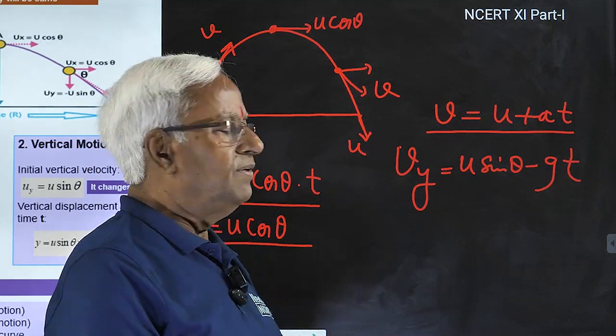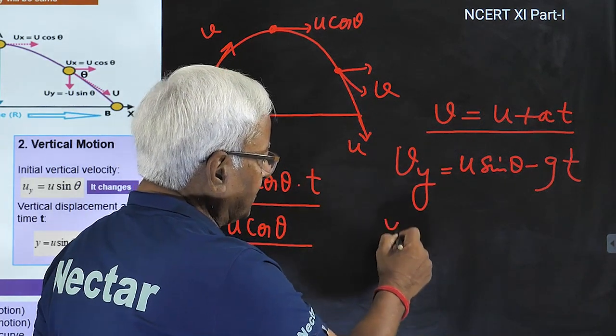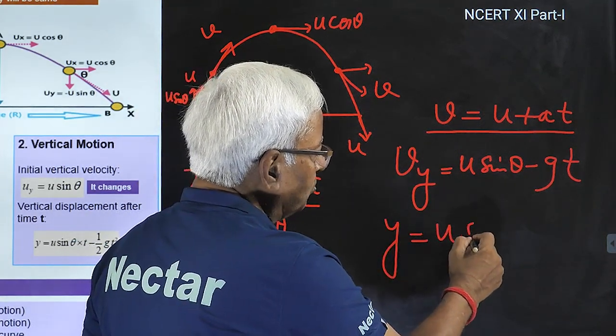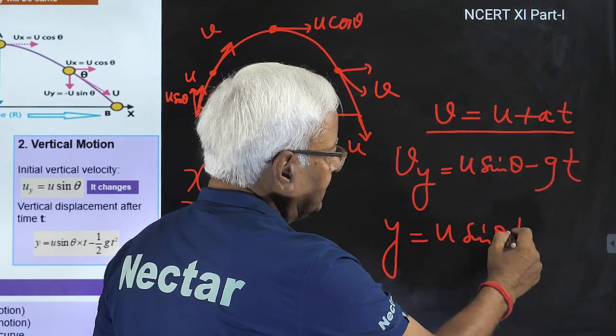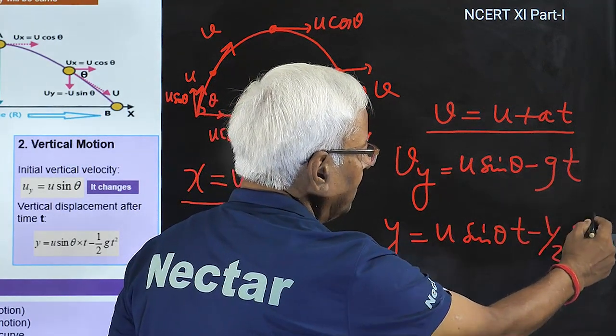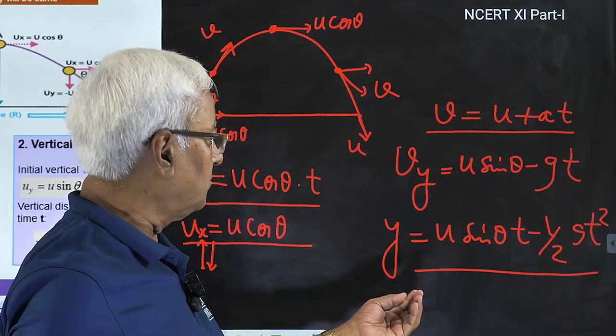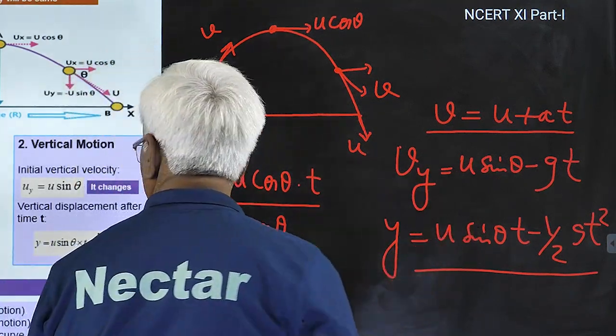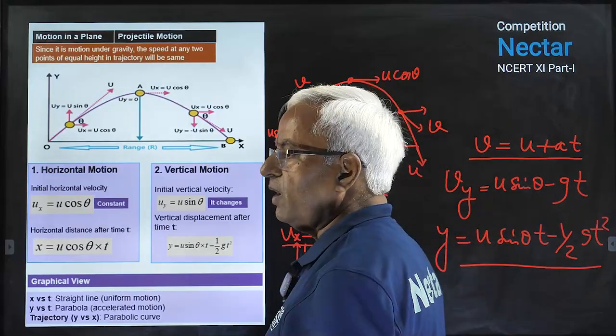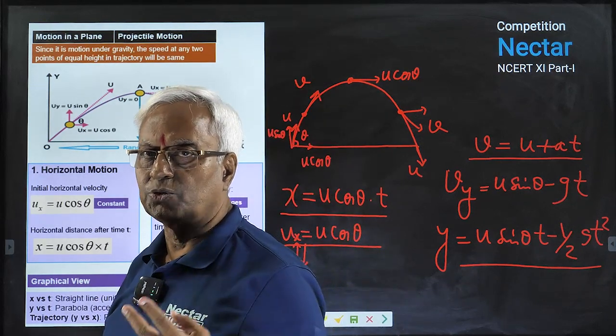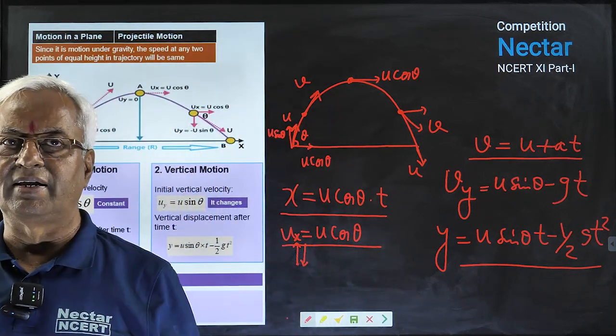Similarly, if you want to write second equation, it's going to be u sine theta t minus half gt square. Here I have chosen second one, s equal to ut plus half at square. Now, let's consider the two axes again separately.